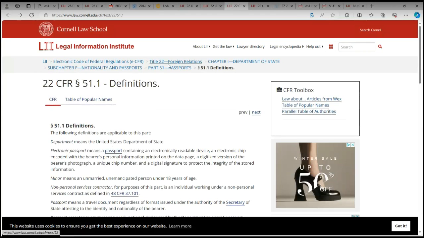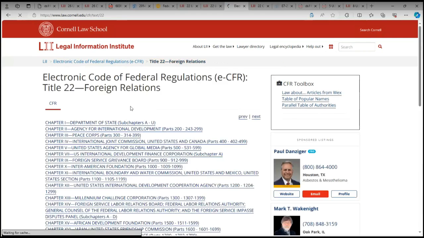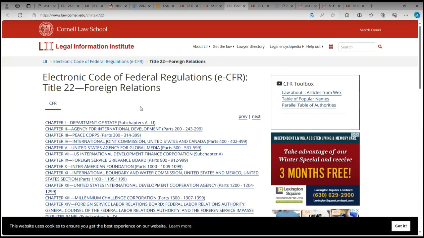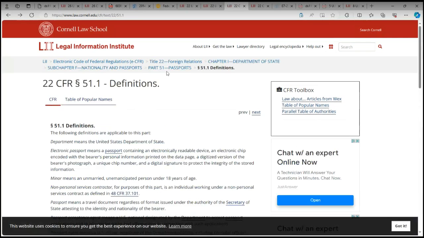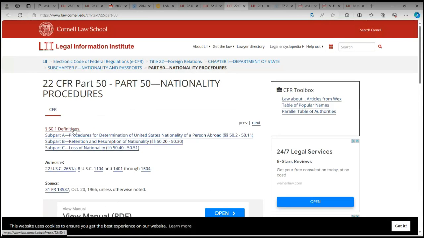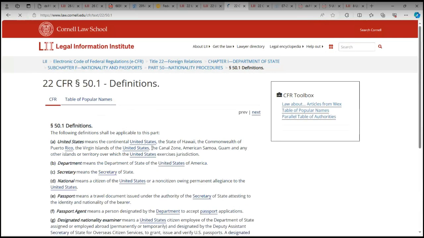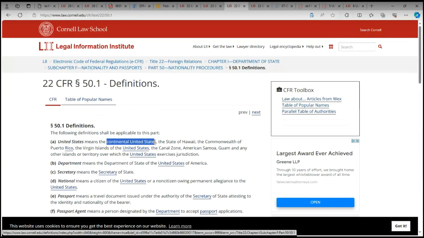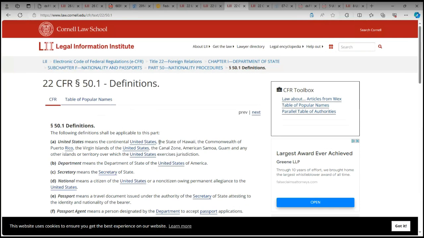Because just a minute ago, we just read chapter 50. Or part 50. Where they gave the definition for United States. And they said continental United States. And then the state of Hawaii. Why they said it like that, I cannot answer. But if you notice, Alaska's not here.